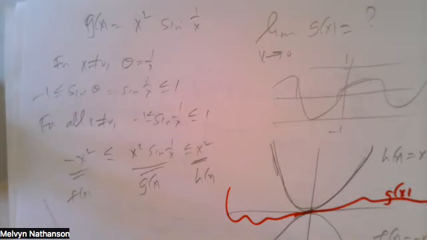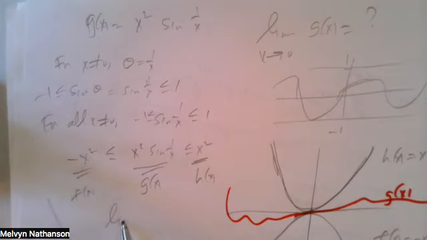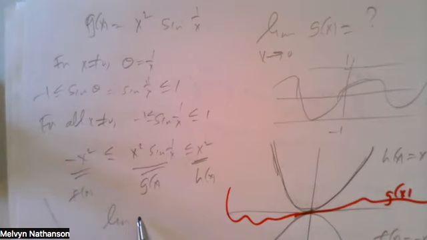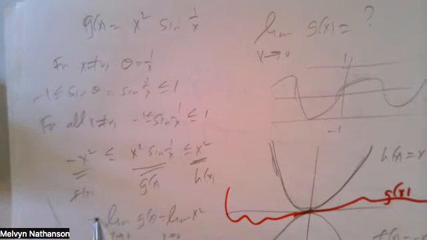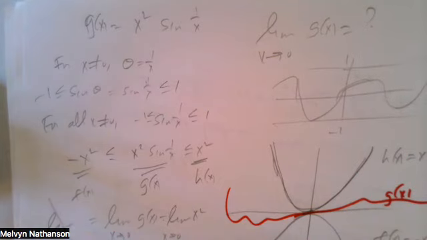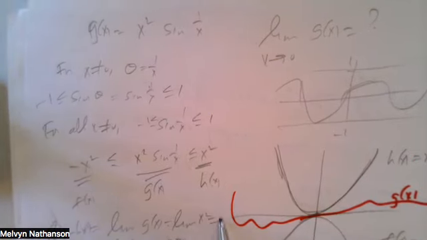And as x approaches 0, x squared approaches 0 and minus x squared approaches 0. So the limit of this g of x as x approaches 0 is the same as the limit as x approaches 0 of x squared, and the same as the limit as x approaches 0 of minus x squared. And both of these are equal to 0.